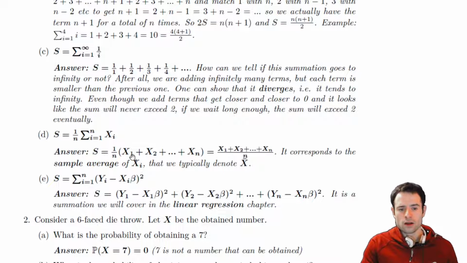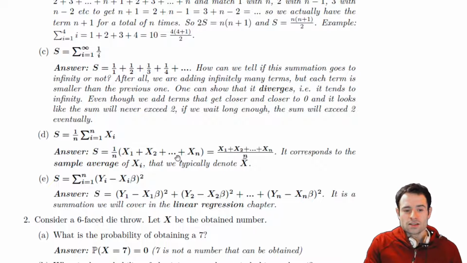Note that here, the index i is not about what the number is, it's about which observation we are looking at. For instance, if I have a sample of 20 people, and I look at their weight, then I will add the weight of Mr. 1 with the weight of Miss 2 with the weight of Mr. 3 and so on until I get to my 20th person.